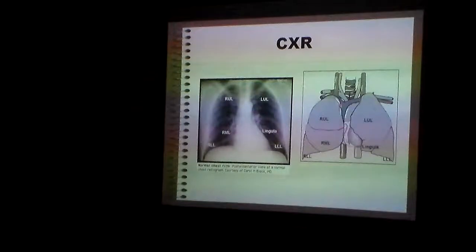So when you're looking at the chest x-ray, you want to know where the different lobes are. So right side, there are 3 lobes: right upper lobe, right middle lobe, and right lower lobe. And the lobes are important to know when you're looking at the chest x-ray for aspiration, okay? Left upper lobe, lower lobe, and then there is a little lingula there.